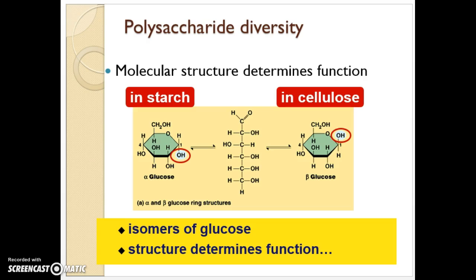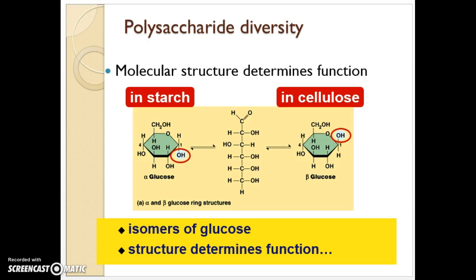And starch is actually made up of alpha glucose monomers, and cellulose is made up of beta glucose monomers, which makes every other glucose monomer upside down with respect to its neighbor. So that ends up establishing different glycosidic linkages in starch as opposed to cellulose. So that in turn gives the two molecules a distinct three-dimensional shape.